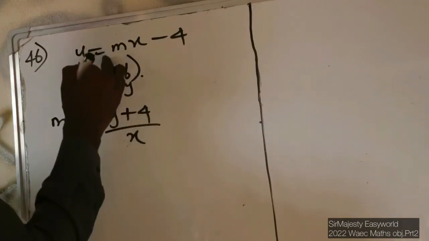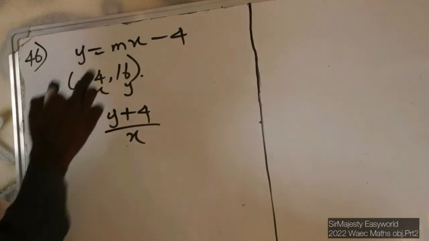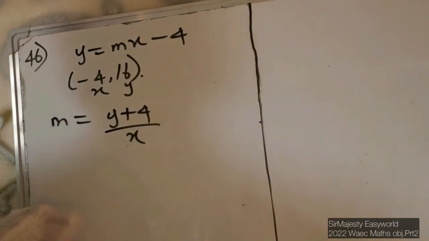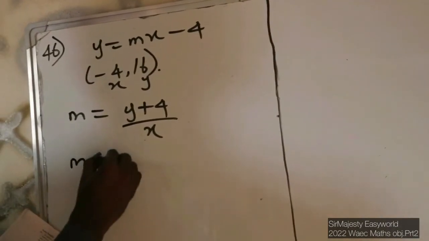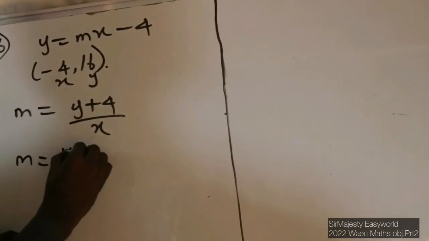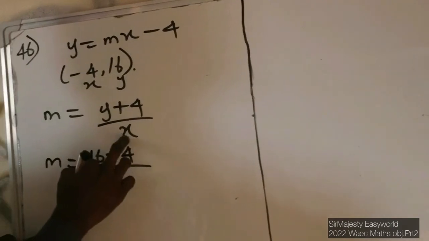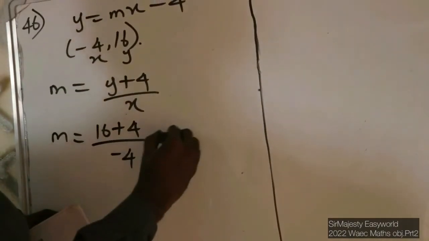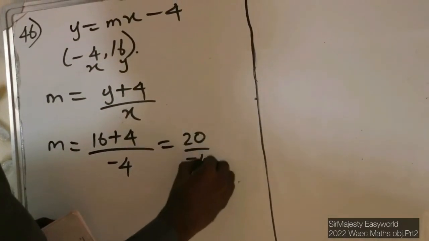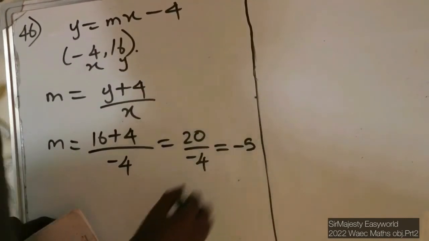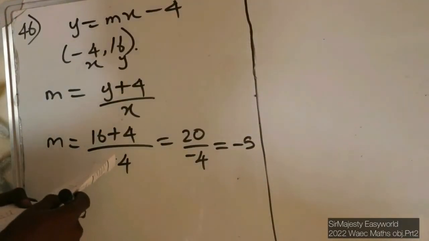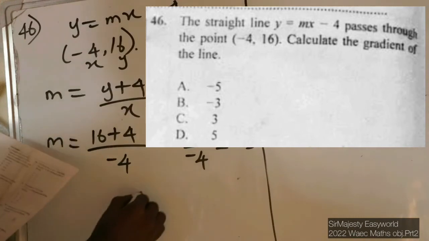Using this new formula, m is equal to y, which is 16, plus 4, all over x, which is minus 4. So this is 20 divided by minus 4, which is equal to minus 5. This can be seen in option A.